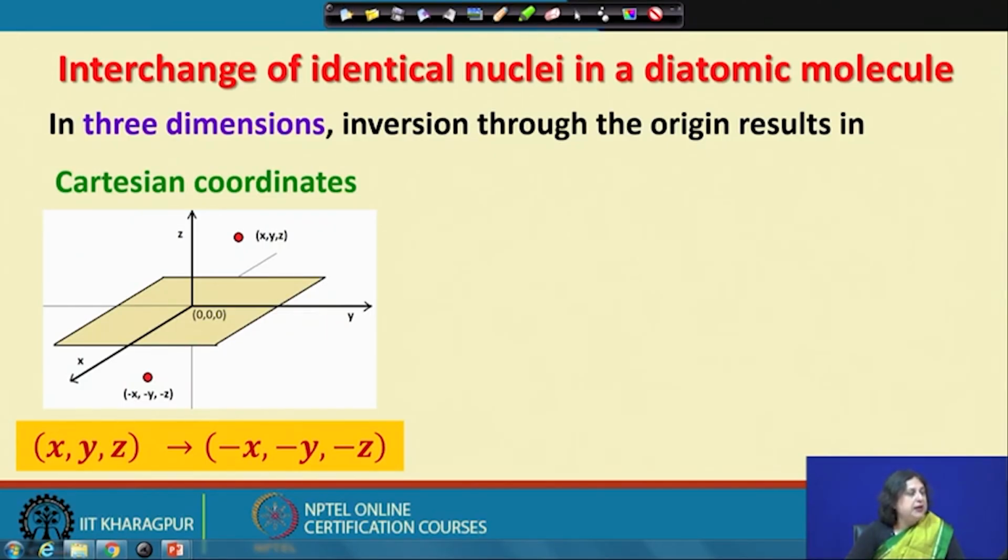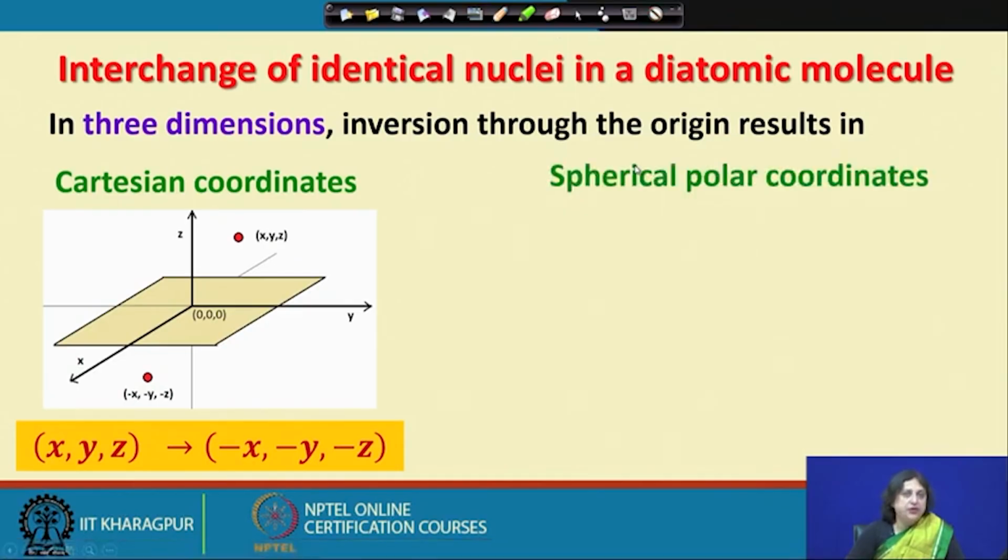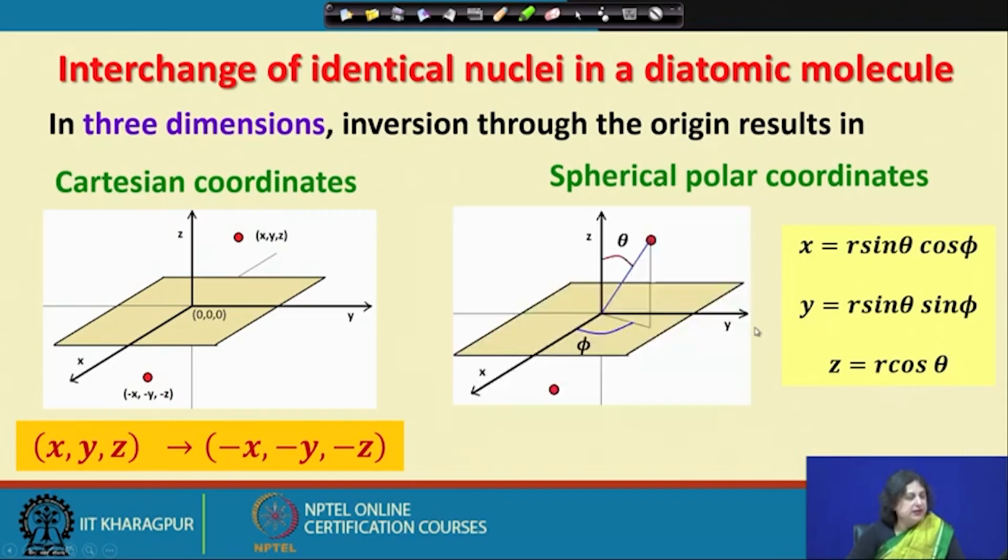Now, if I introduce here the spherical polar coordinates and define them as x is r sin theta cos phi, y is r sin theta sin phi and z is r cos theta, where I have taken the same point having the coordinates x, y, z, and I define its radial distance from the origin as r.